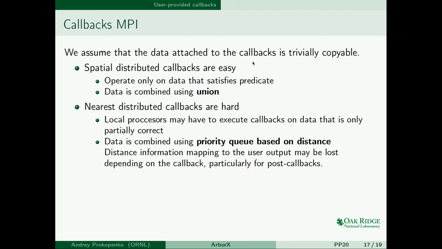However, if you allow the user to call the callback, you may lose information. You may lose the correspondence of the result to the distance that produced that result. And it is totally unclear how to combine the data if we allow a generic callback for a user. So right now, we actually disabled all of that for the nearest callbacks because we don't know how to properly do that yet.